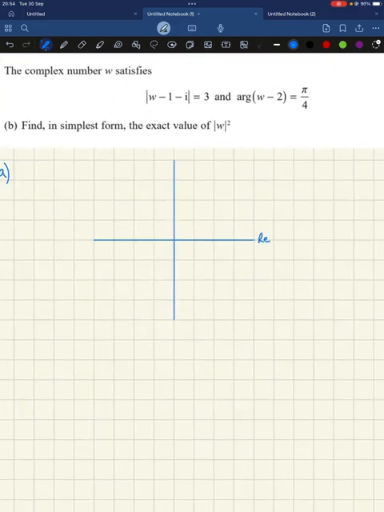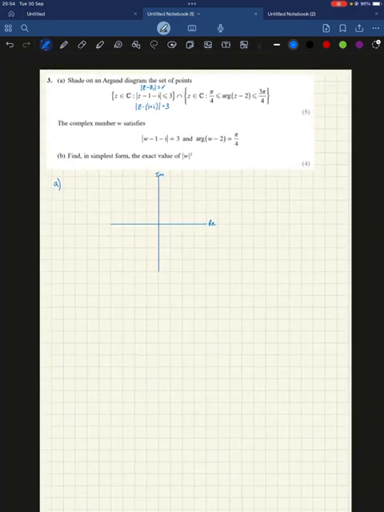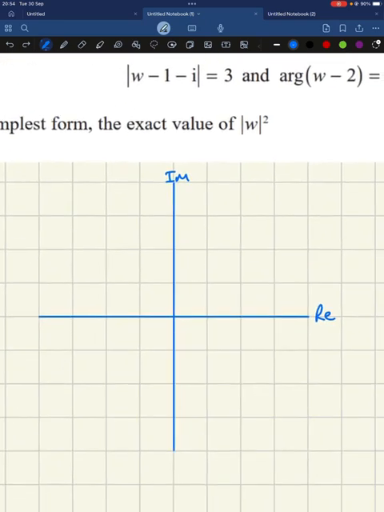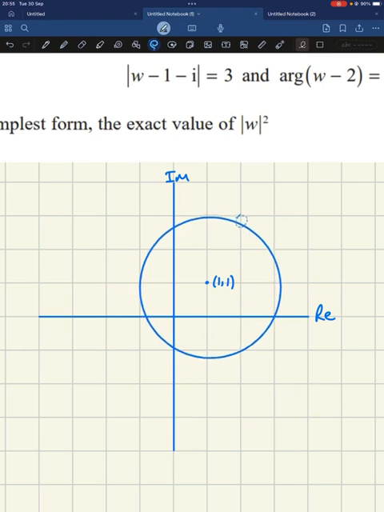So real, imaginary. We know that this is a circle centered at 1, 1, with radius 3. So 1, 1 would be over here. It's got a radius of 3, so it'll be something like this.